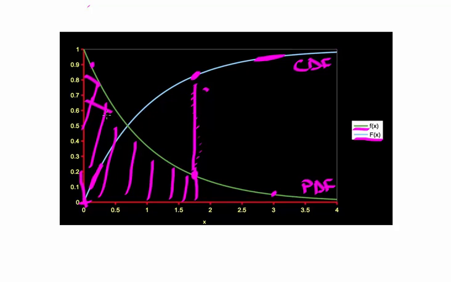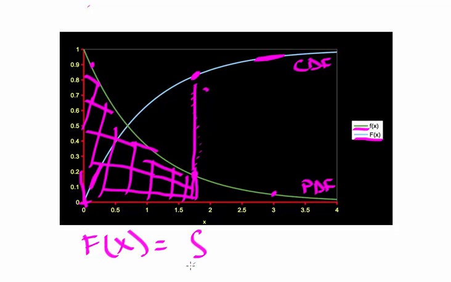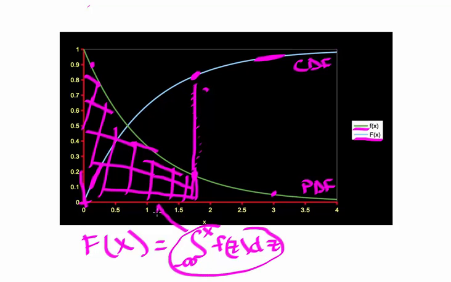So our integral here tells us what the CDF is. Again, we saw that mathematically because we said F of x is equal to the integral from negative infinity of f of z dz. In our case, negative infinity was just 0, because that's as far as our random variable could go. So the integral is this part under the curve.